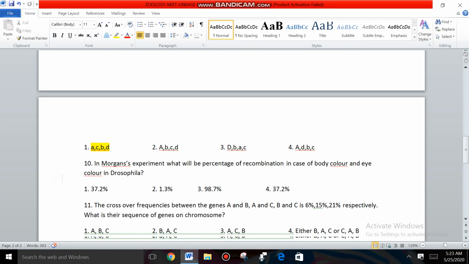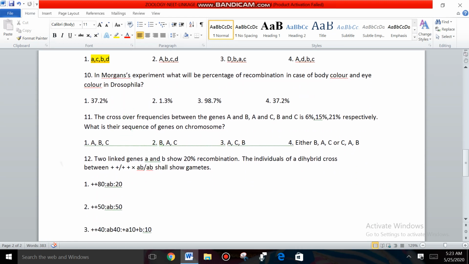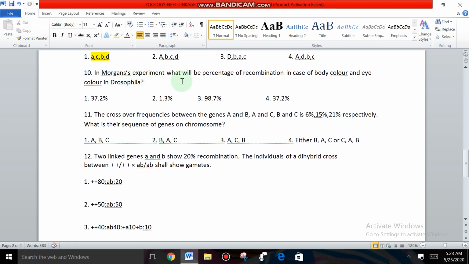Next question. In Morgan's experiment, what will be the percentage of recombination in case of body color and eye color in Drosophila? So Morgan did 2 crosses. One is eye color and body color, and the second one is eye color and wings.